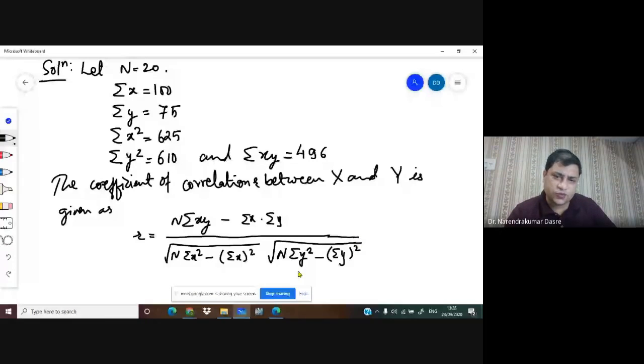Please check this formula if you remember. Have you got the formula? In the first lecture only I gave this formula, then I modified it.